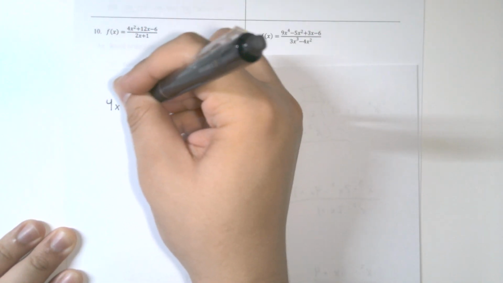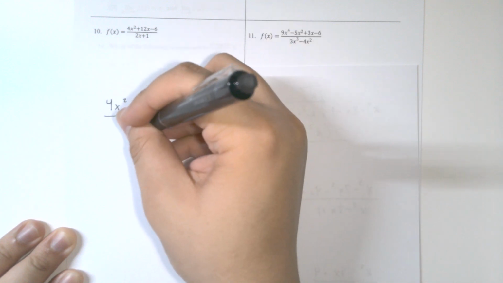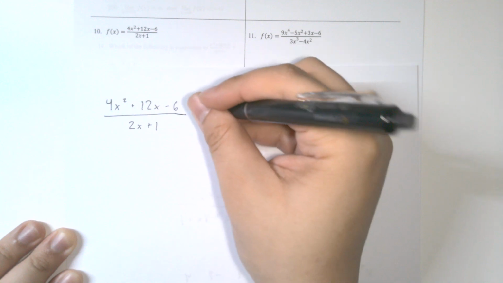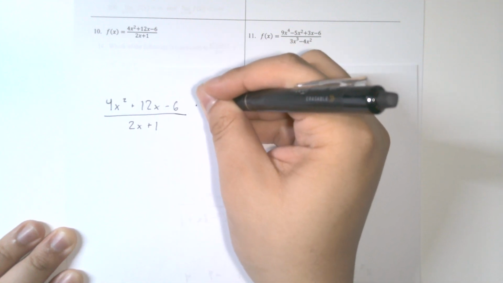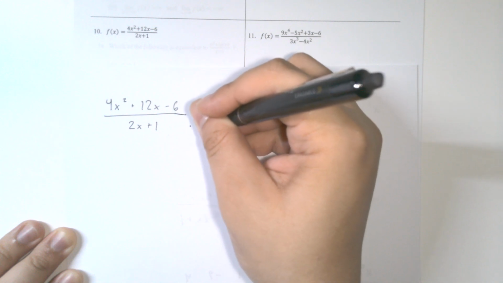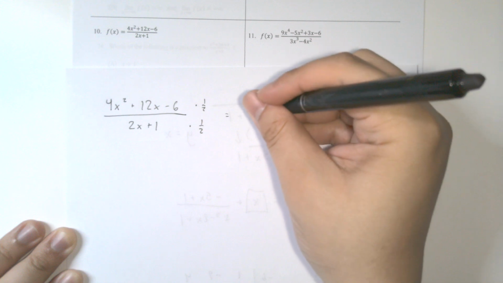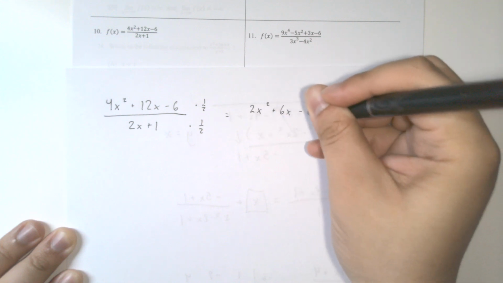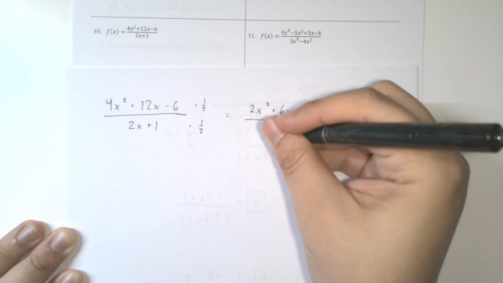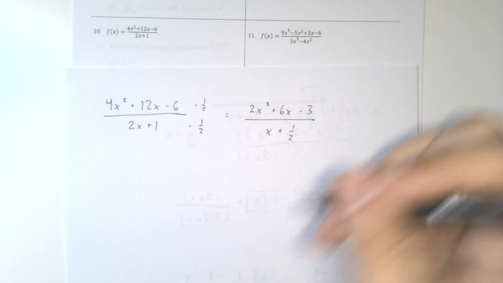We have 4x squared plus 12x minus 6 divided by 2x plus 1. And notice, if I multiply the top by 1/2 and I multiply the bottom by 1/2, this is going to give us 2x squared plus 6x minus 3 divided by x plus 1/2.